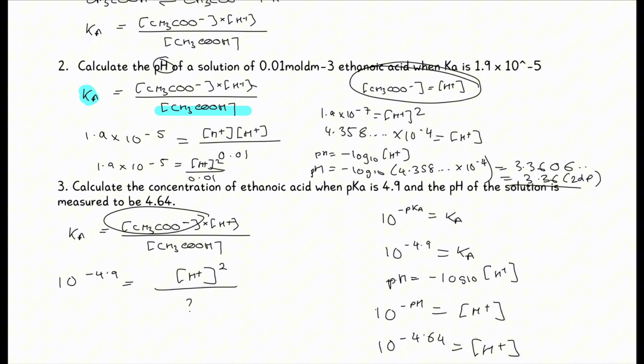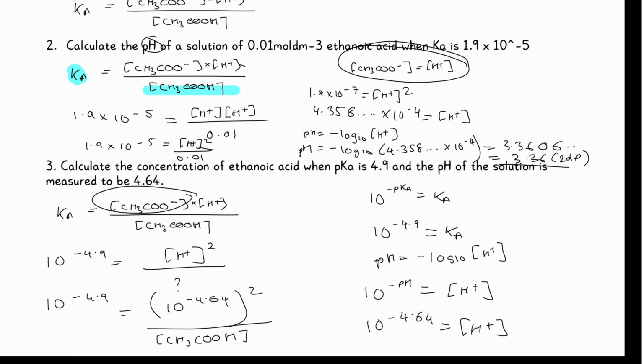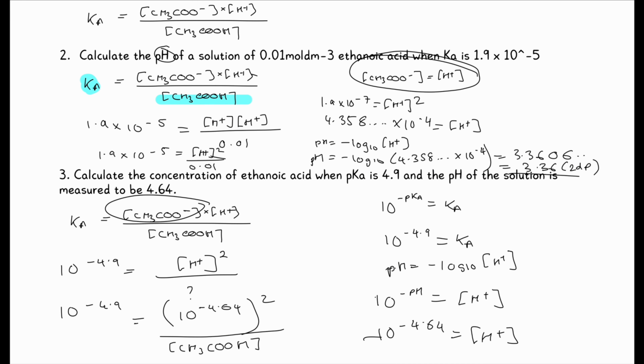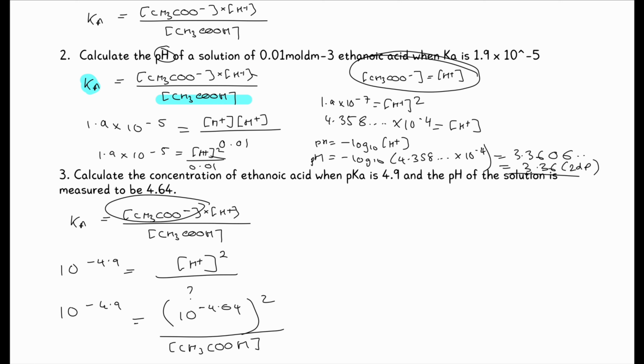So 10 to the minus 4.9 is equal to 10 to the minus 4.64 squared all over my concentration of ethanoic acid, which I'm trying to figure out. Now I'm going to remove this space. Now times both sides by the variable that we don't know, which is the ethanoic acid.